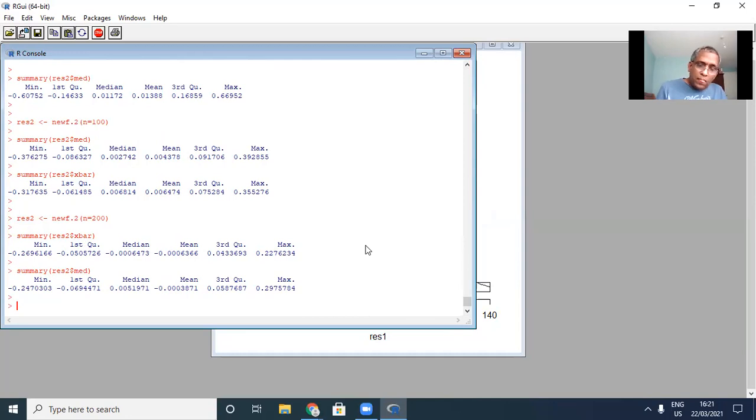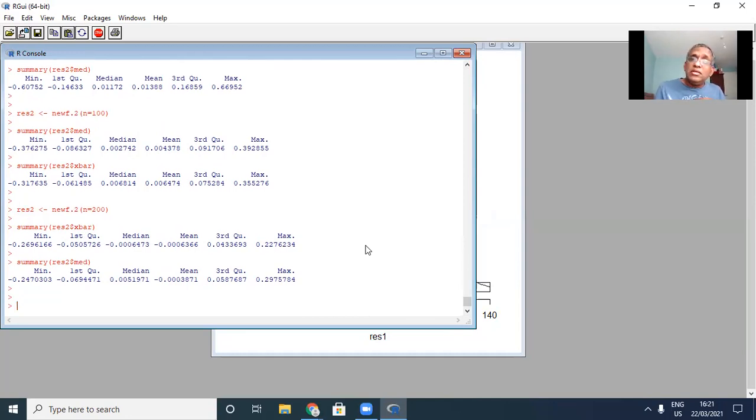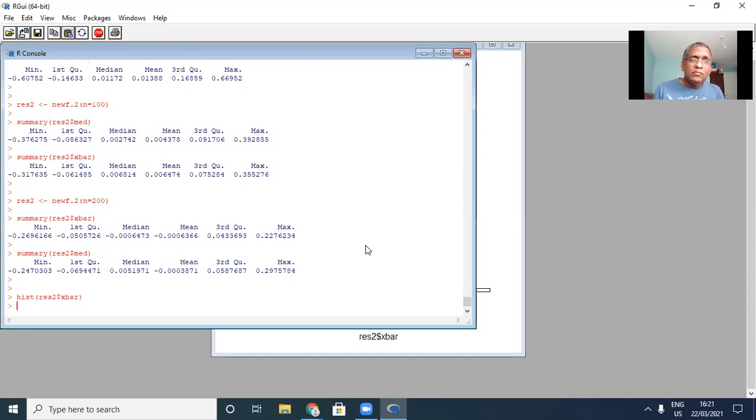Now you can also do the histograms if you like. If you want to know the histogram for the sample mean, this is the histogram.